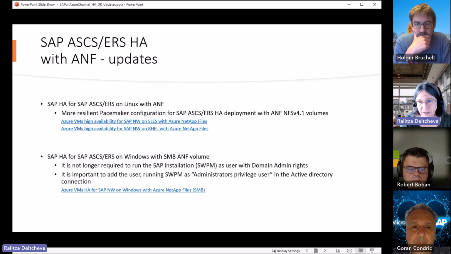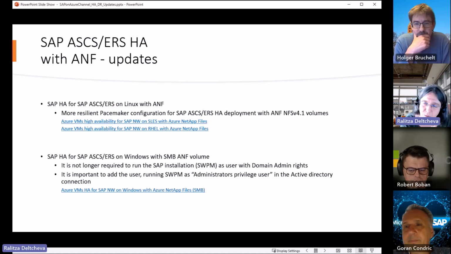As you know, on ANF, you can use NFS v3 or NFS v4.1. So for customers who are using this deployment construct, it's definitely a good idea to go check our articles and make sure that their configuration is up to date with what we have updated.